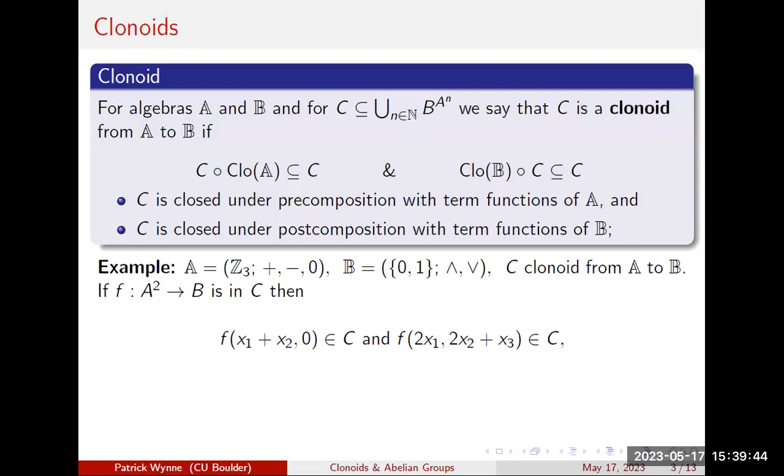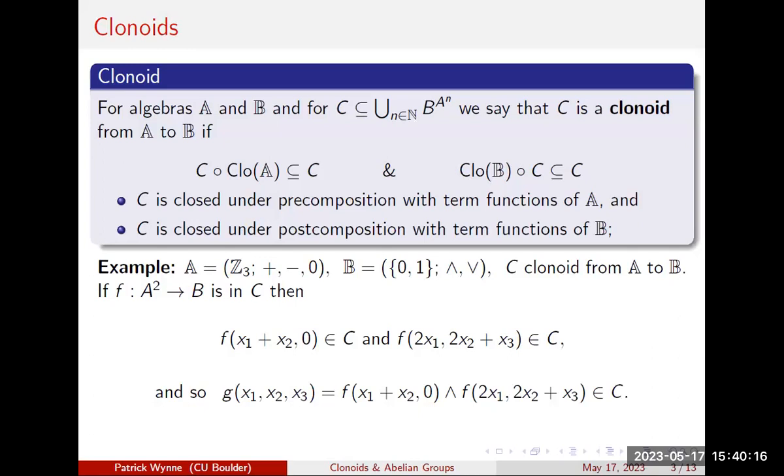Similarly, we can substitute into our first variable 2 times x1, and into our second variable 2x2 plus x3. These are both term functions of A, of the group. Then we can form a new function, g, of arity 3, that takes f of x1 plus x2 and 0, and meets it with f of 2 times x1 and 2 times x2 plus x3.